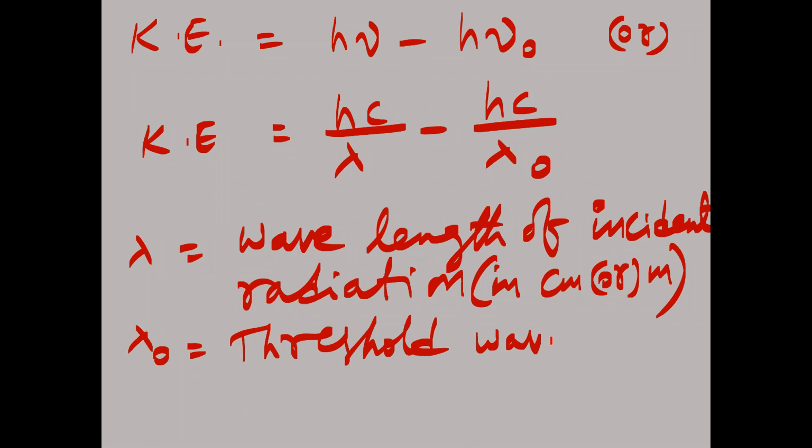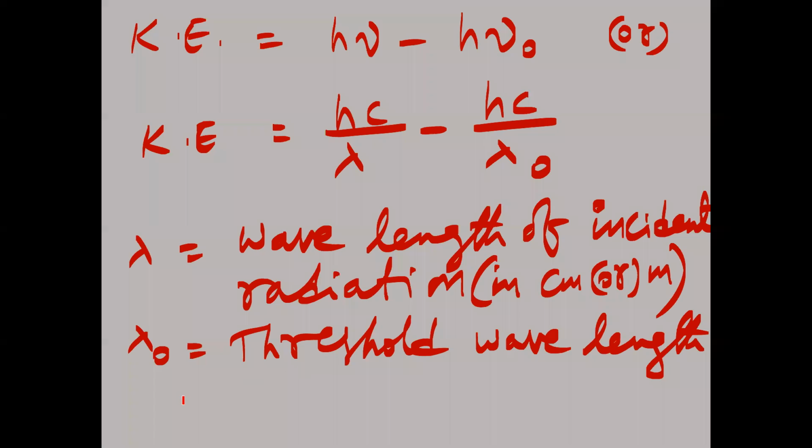The threshold wavelength is the wavelength of incident radiation which is required to eject electrons from the metal surface.